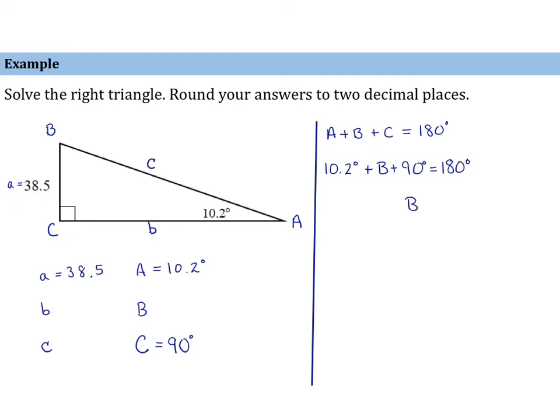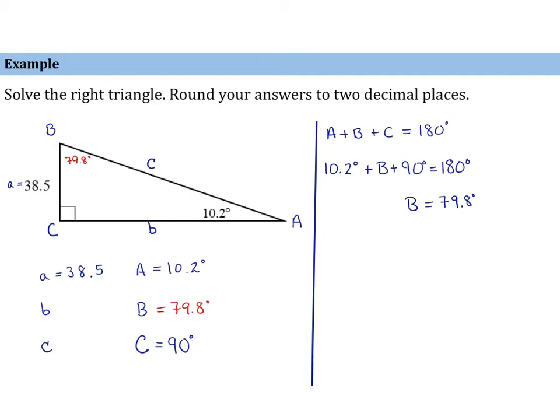This means that B will equal 79.8 degrees. Let's label that on our diagram and fill it out in our chart here. And that's exact, so 79.8 degrees. Now it will be left to find sides b and c.